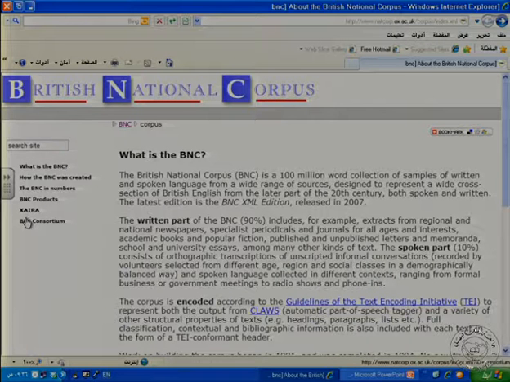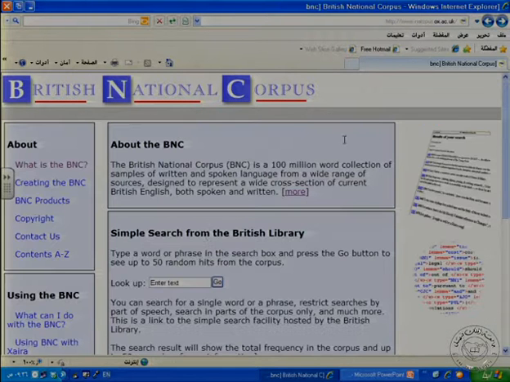In 2005, I used the BNC with a software called SARA, S-A-R-A, but now it is X-A-I-R-A. And then you have here the BNC consortium. So this is the BNC. This is the simple search from the British Library.